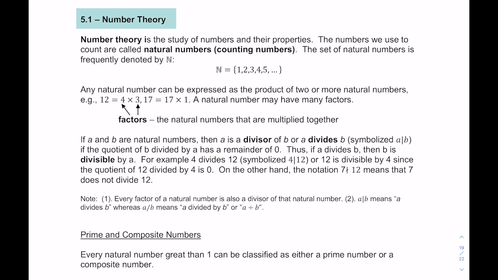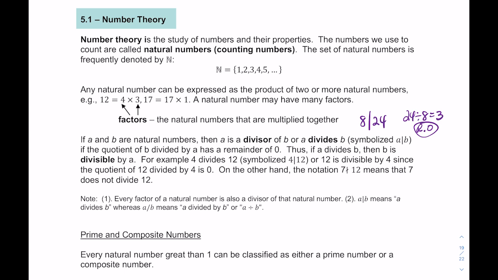So in other words, if I take 8 divides 24, 24 is divisible by 8 because 24 divided by 8 is 3 and the remainder is 0. So as long as there's no remainder, that means that the one number is divisible by the other.